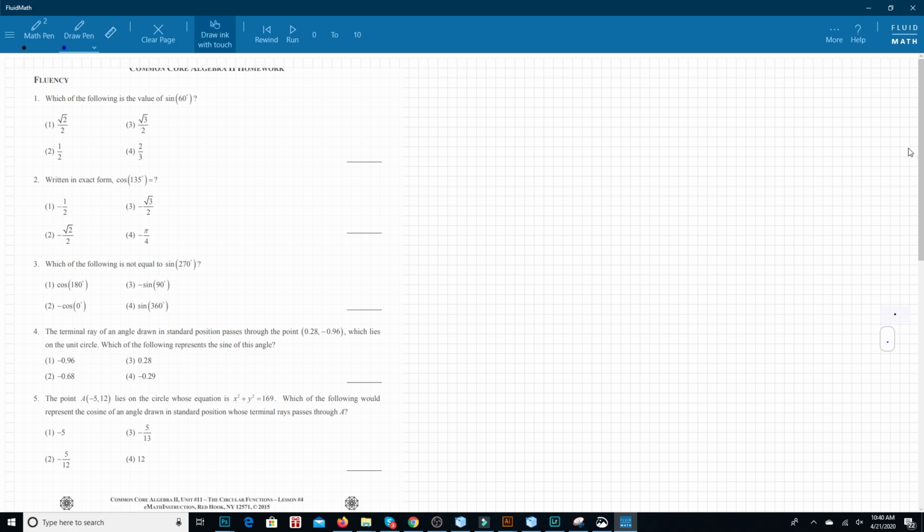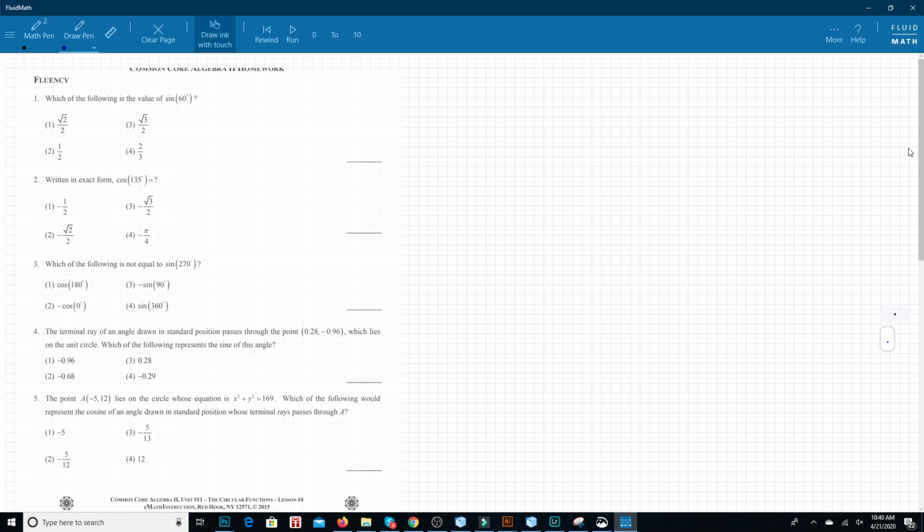So if we look at the cosine of 180 degrees, which is the x value, that's negative 1. So that's out. Which one is not equal? Now, if we look at the negative sine of 90 degrees, where the sine of 90 degrees is going to give me 1, and if you have a negative in front of that, it's going to be negative 1. So 3 is out.